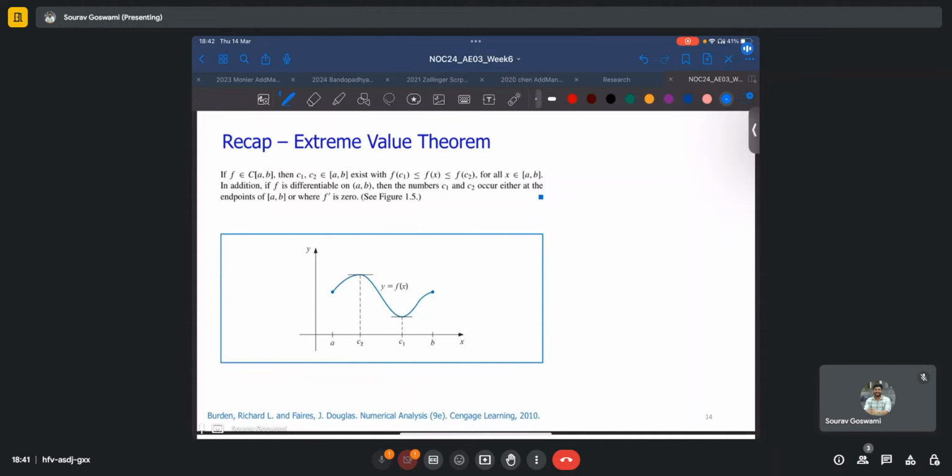Additionally, if f is also differentiable on the open interval (a, b), then the numbers c1 and c2 occur either at the endpoints or where f prime is 0. Very clearly, this is where the idea of taking the derivative of a function and putting it to 0 for finding the minimum or maximum arises from. It's actually from the extreme value theorem.